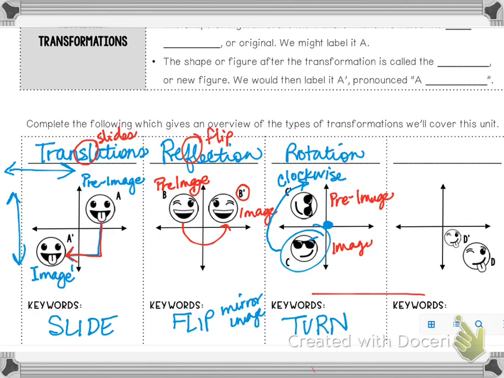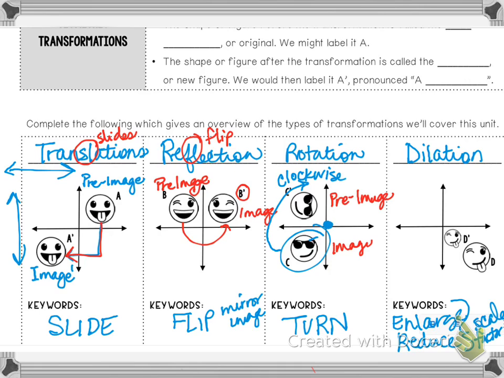Okay. The last one is called a dilation. And a dilation uses a scale factor to enlarge or reduce. So down here on keywords, I've got a little text box in my way, so just disregard. So we're either going to enlarge it or reduce it by a scale factor.